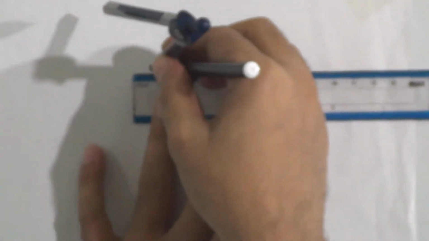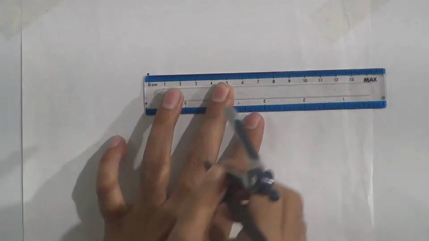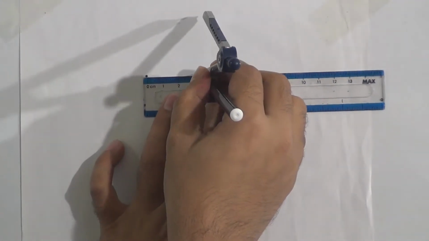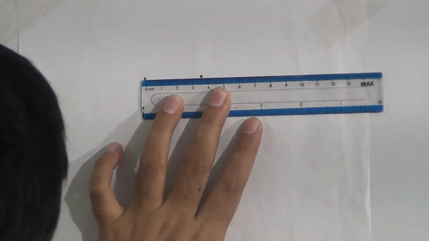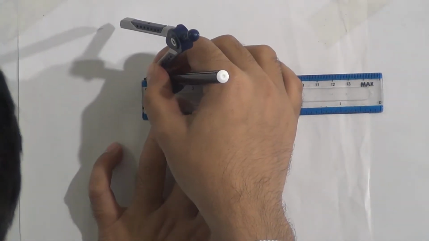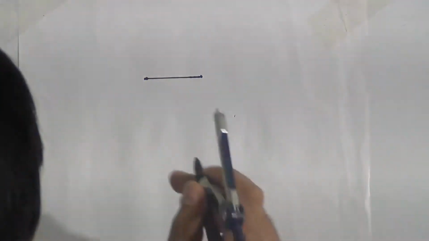I am starting from 0 and here is 3.5. It means 35 millimeter. Join by a line. This is 35 millimeter. I have to draw the circle.